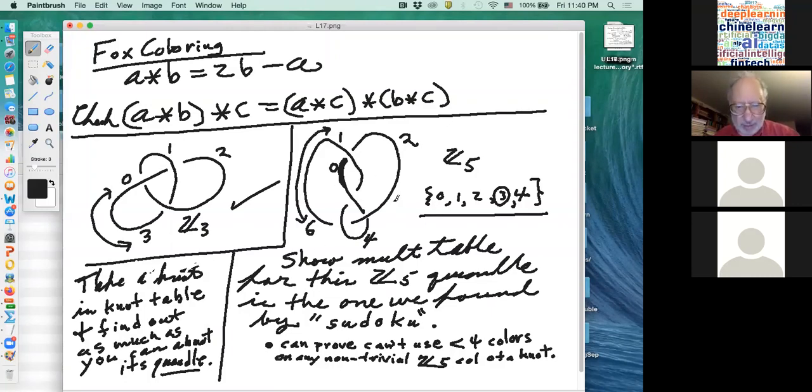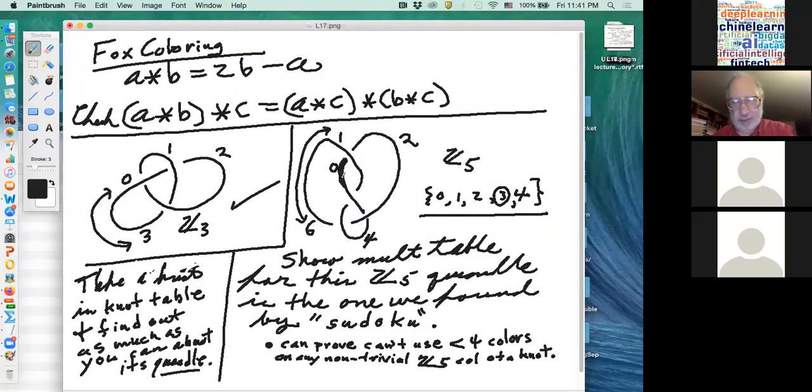And if you have one that can be colored in Z mod 5 in a non-trivial way, then you will be unable to use less than 4 colors to do it. 4 is the minimum. That's not hard. You should try proving it.